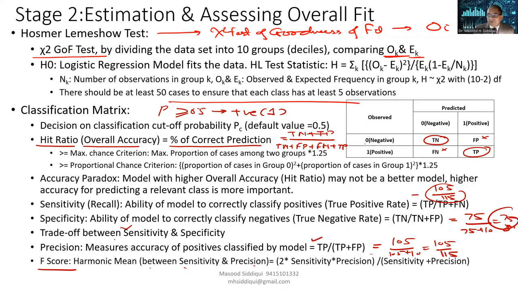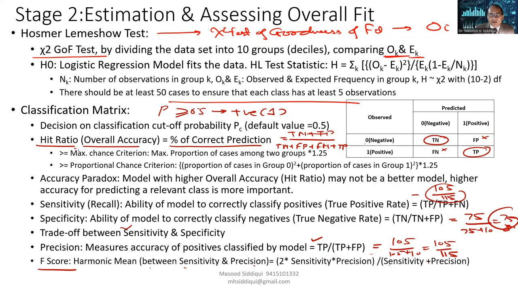But if there is a big gap between sensitivity and precision, we use the F score, which is the harmonic mean. The formula is 2 times sensitivity times precision divided by sensitivity plus precision. But here, since there is not much difference, there is nothing to be bothered about.